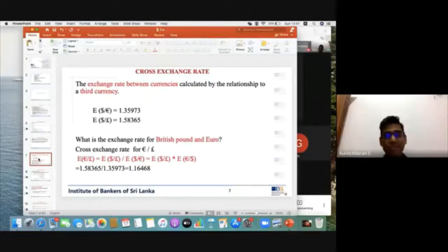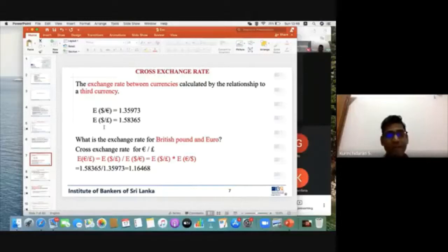That is the question. Now you can see the formula. Exchange rate within brackets, euro divided by sterling pound. These brackets are very important so that we don't get confused. That means you are going to calculate how much the euro is worth for one sterling pound, because the denominator is sterling pound.